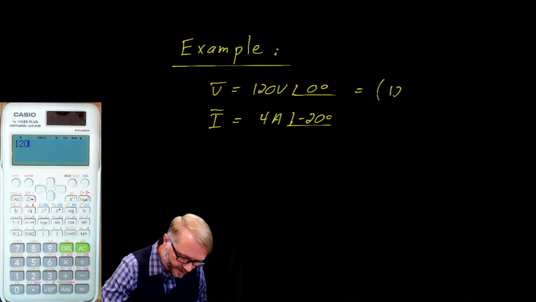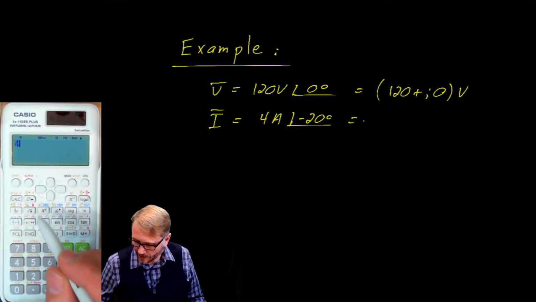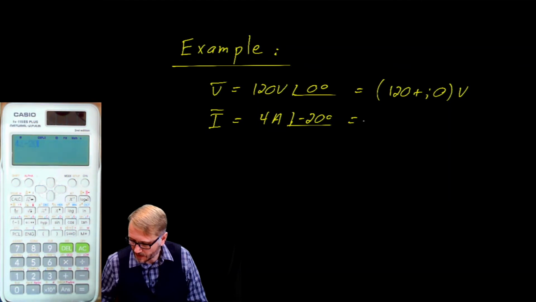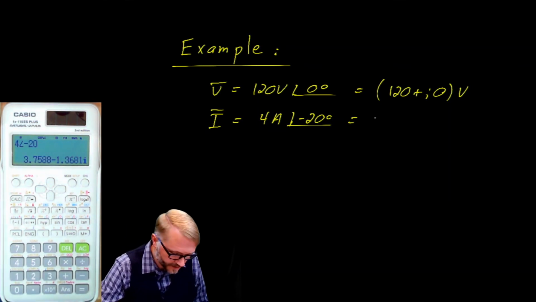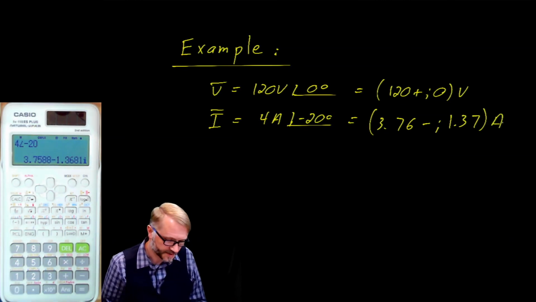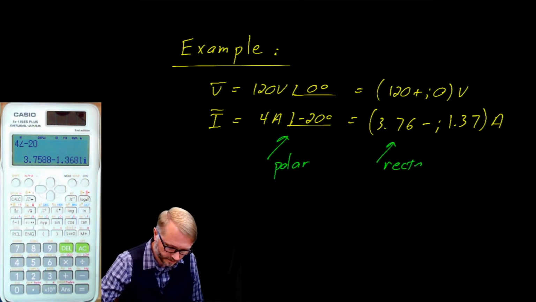It'll just be 120 plus 0J volts, and our current will be 4 shift angle negative 20 equals, so that's 3.76 minus J 1.37 amps. So again, this here is polar form, and this is rectangular form.